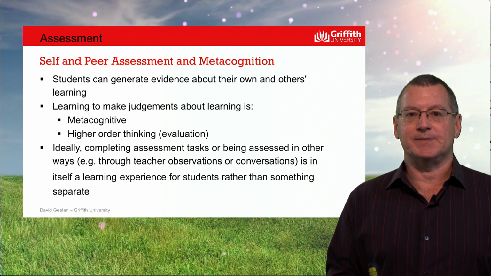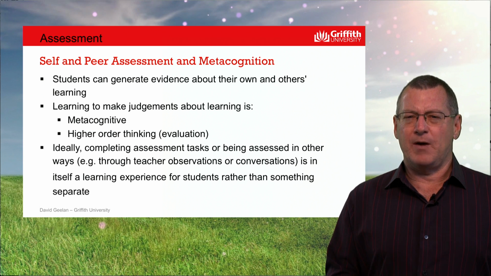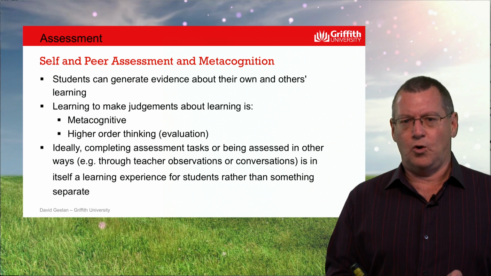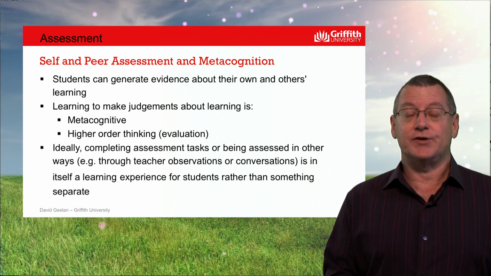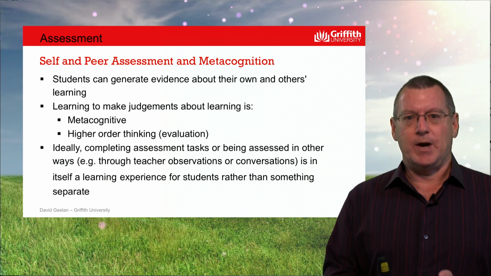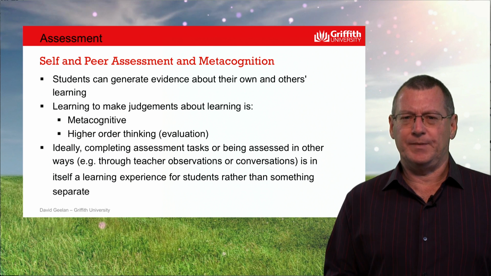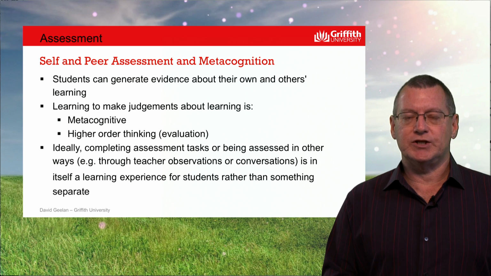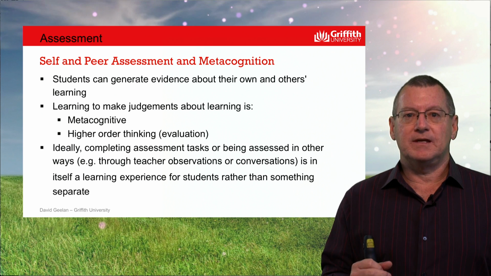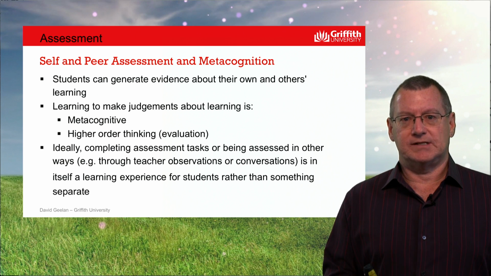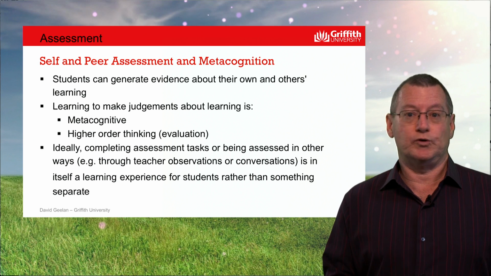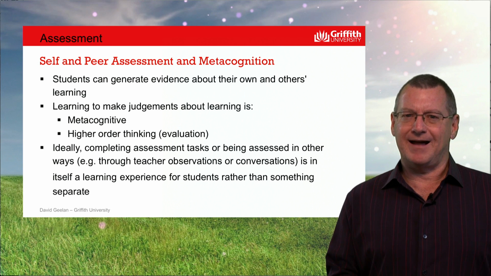Same thing with peer assessment. It gets them thinking about how I judge somebody else's performance or demonstration of their knowledge, and how I know whether it's a good, high quality performance on these particular dimensions. You might worry that students assessing each other's work will just mark their mates high and their enemies low.